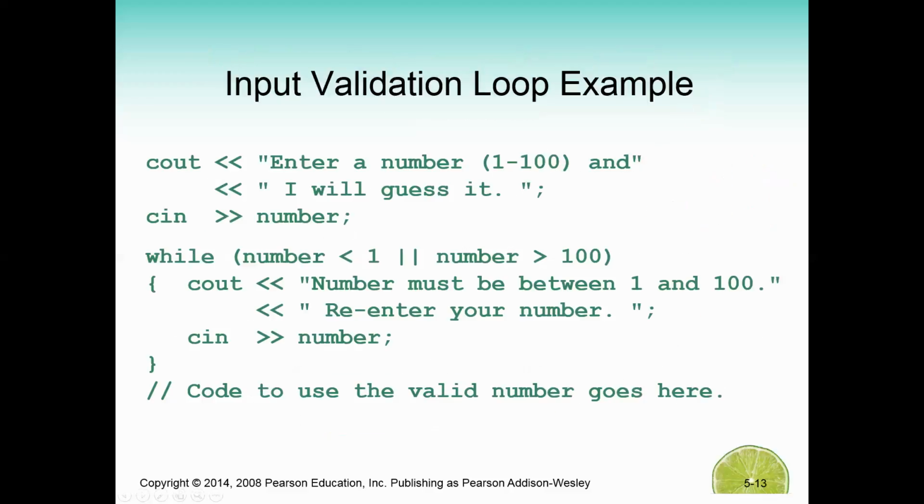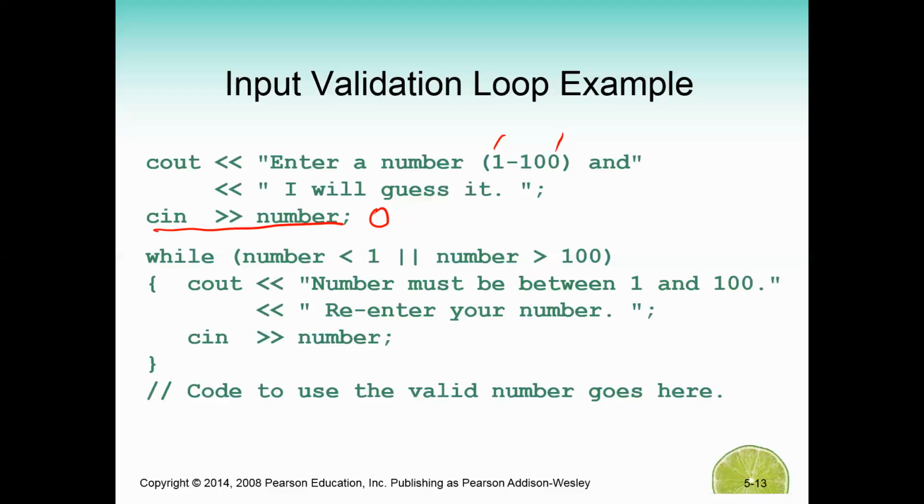Here's an example. Enter a number between 1 and 100, and I will guess it. That's what the computer is telling the user. So now the user is going to enter the number. Let's suppose that they enter a 0. So we have while the number is less than 1.